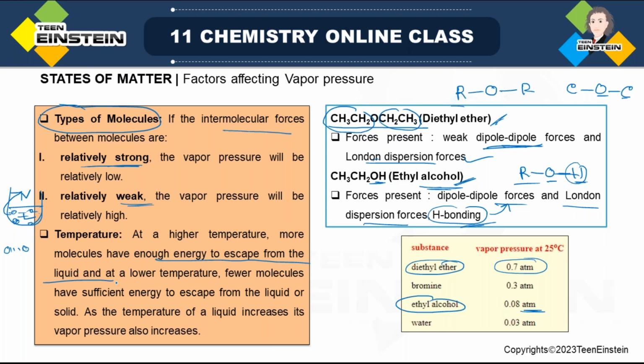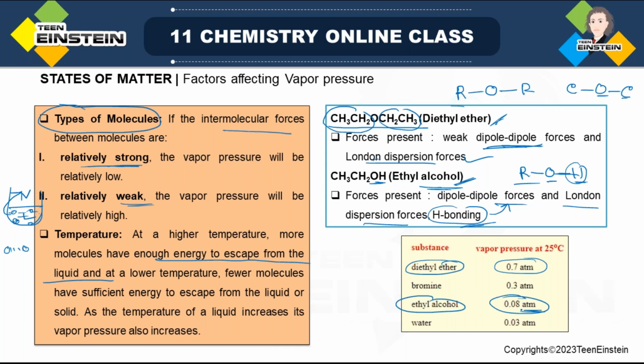We are trying to see the effect of temperature, so you take one substance and check its vapor pressure at two different temperatures. Suppose you check ethyl alcohol's vapor pressure at 25 degrees centigrade, which is already given here as 0.08, and also at some other temperature, suppose 80 degrees. Obviously now it is high.